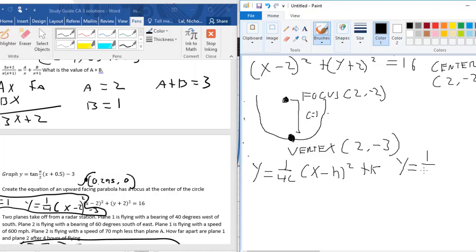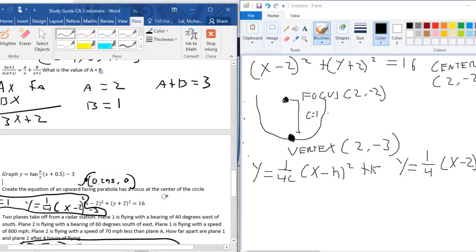So 4 times 1 is 4. Times x minus h, that's x minus 2 squared. Plus k, plus negative 3 is minus 3. So y is 1/4 times x minus 2 squared minus 3.